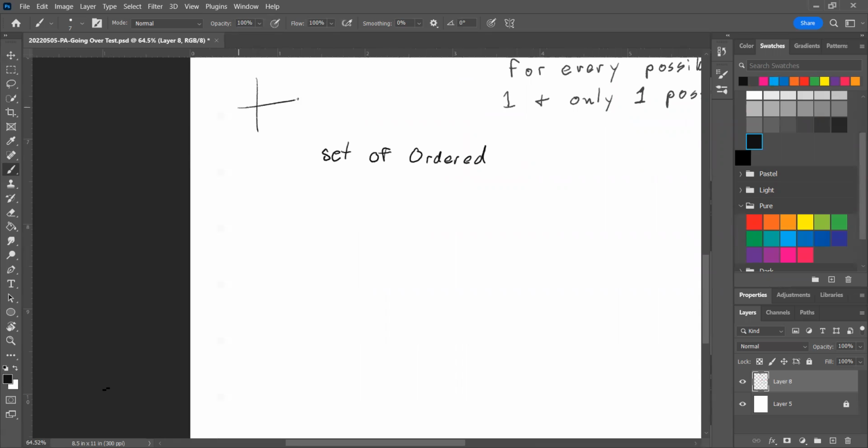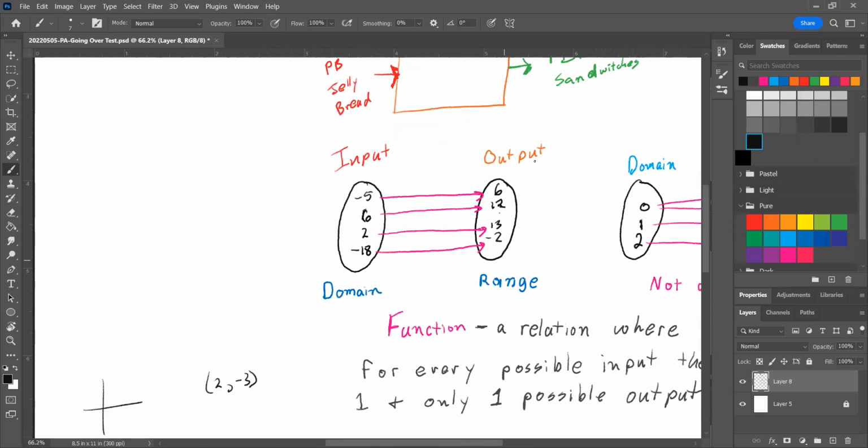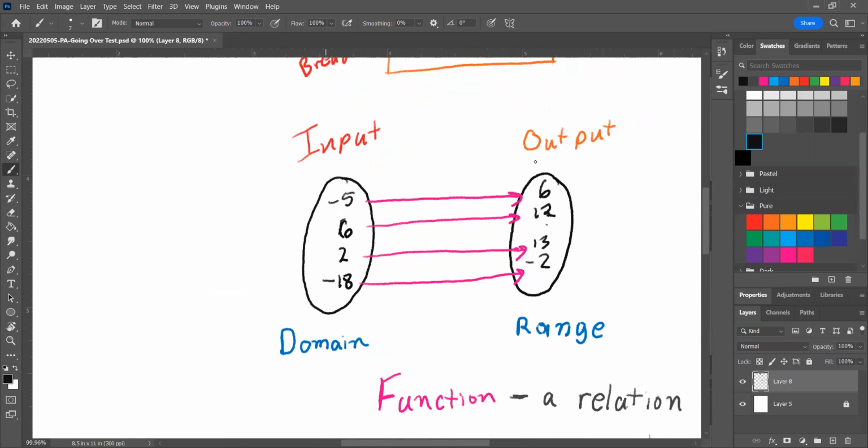Where we're graphing X and Y. So we're going to add to our list because there's X and Y. The set of all inputs is the domain.